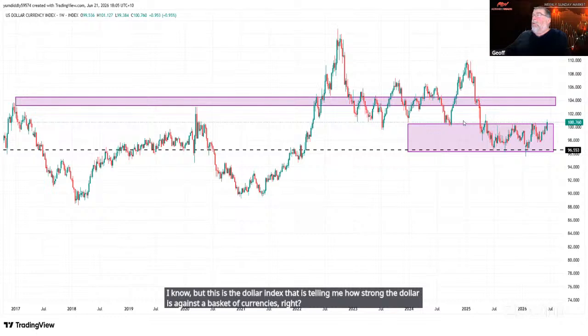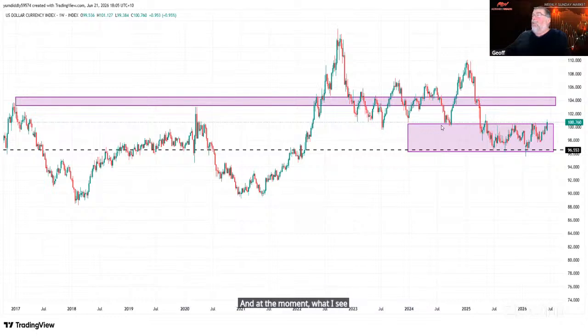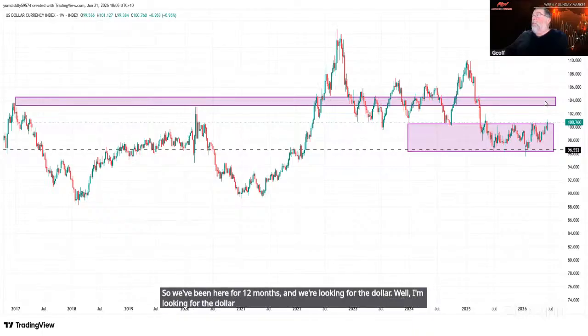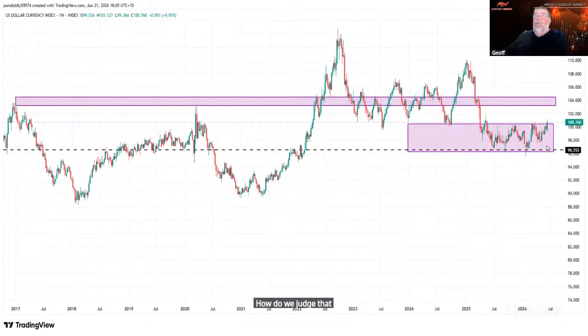And at the moment, what I see is strong support, 1, 2, 3 in the last, let's go with 12 months, right? So we've been here for 12 months and I'm looking for the dollar to go back to this strong resistance level because that's what I'm potentially seeing here. But I'm also potentially seeing that this could very easily come back into this range and go back to the bottom. How do we judge that, whether it's strong or whether it's not?